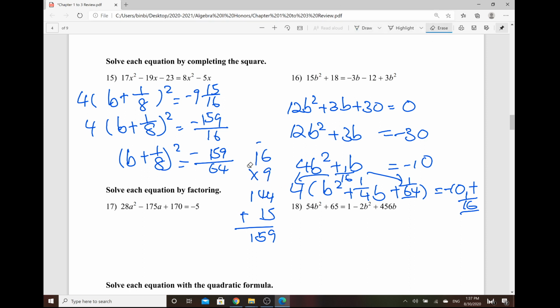And now for the rest of this, guess what we can do with it? Now we want to take the square root. So take the square root of both sides. So we do have b plus 1/8.